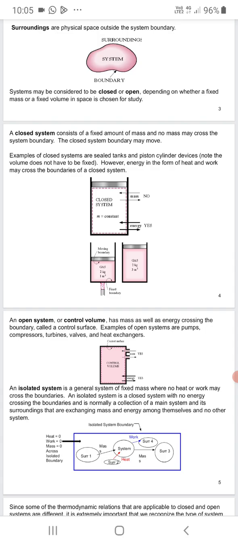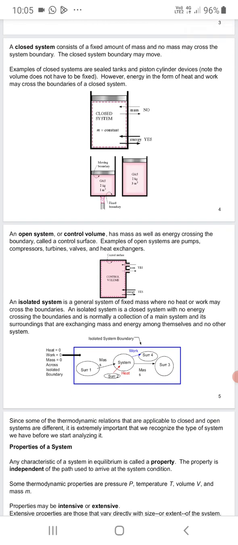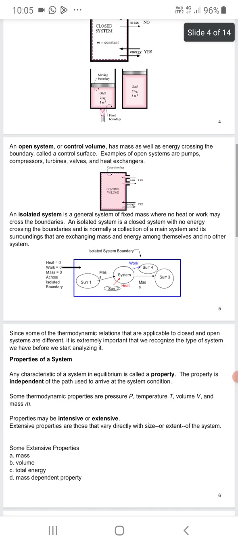For example, we store coffee in it. It stays inside for 5 or 6 hours. It remains in the flask itself. It is an isolated system.